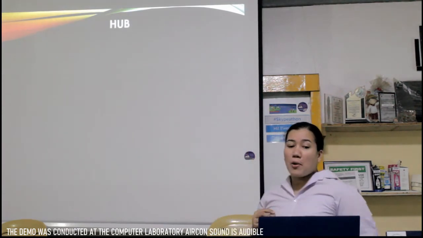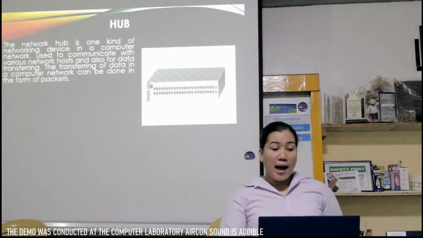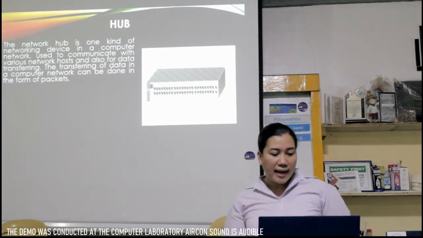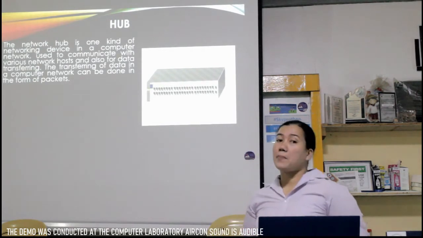Our first device is the hub. A network hub is one kind of networking device in a computer network, used to communicate with various network hosts and for data transfer. The transferring of data in a computer network is done in the form of packets.